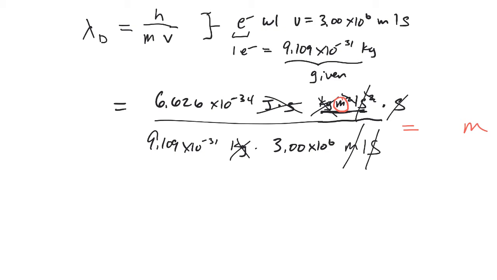So we get a wavelength unit out, a unit of length in meters. If we throw this into a calculator, we should get our numerical result: 6.626 times 10 to the minus 34, divided by 9.109 times 10 to the minus 31, and then divide by 3.00 times 10 to the 6. That works out to be 2.42 times 10 to the minus 10 meters.